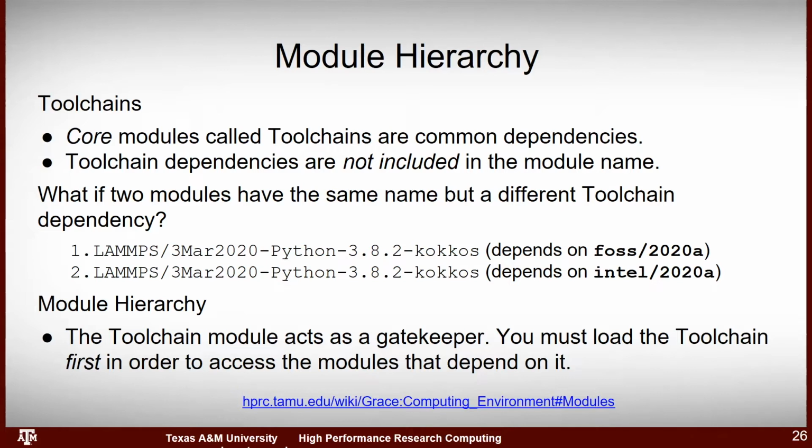If somebody wrote code in C and then hit compile, then the executable that comes out depends on the libraries that were part of that C compiler. So that would be a dependency. Core module toolchains are more or less the compilers that were used to build the executable.